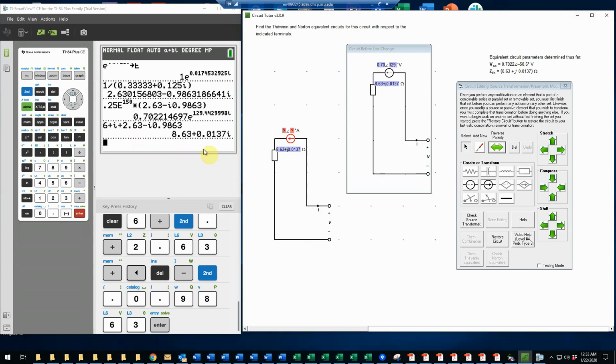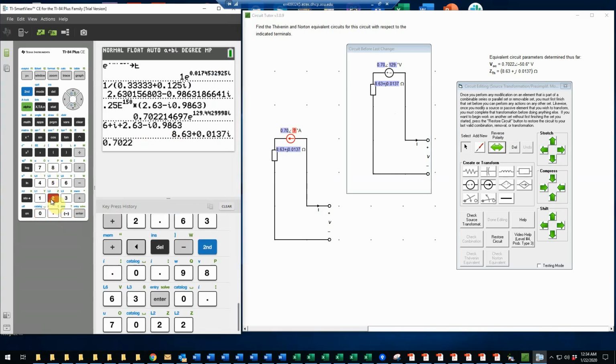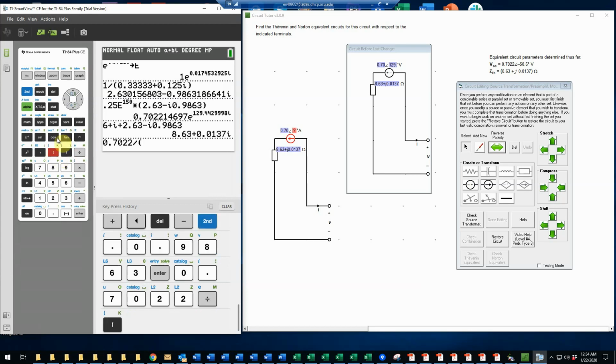So now we're going to take 0.7022 divided by parentheses. And let me also check that I'm in the right mode.